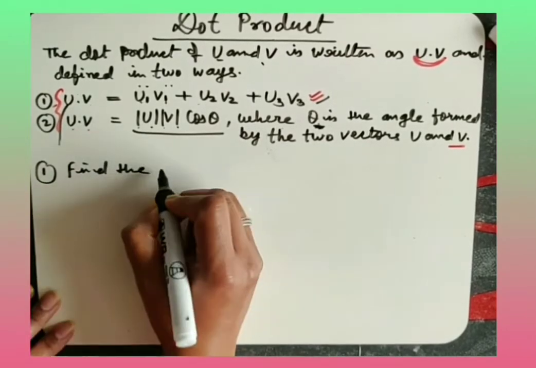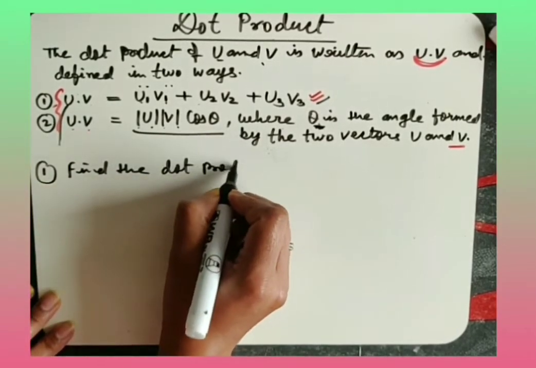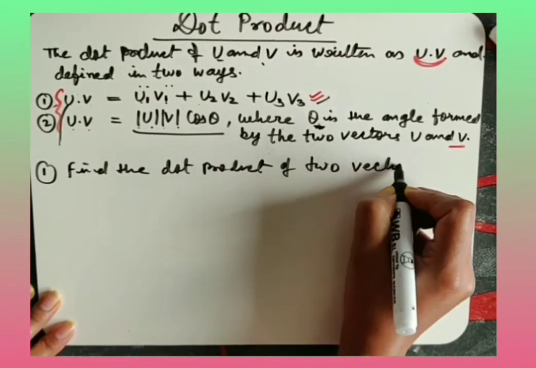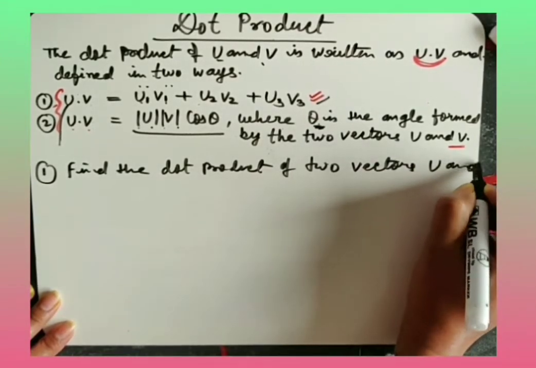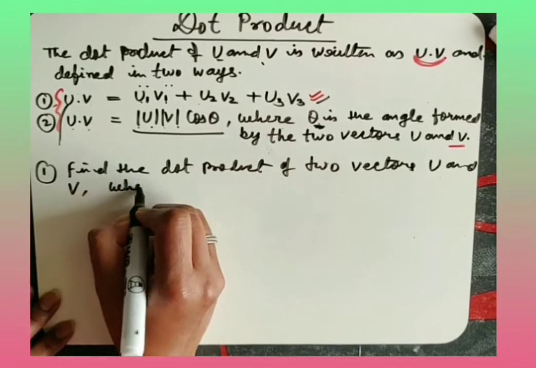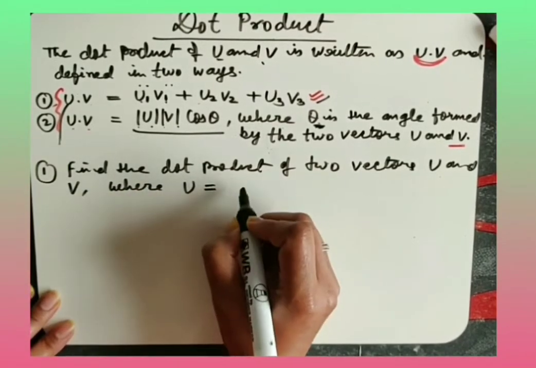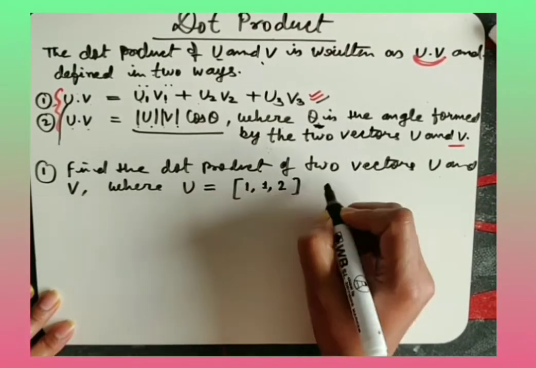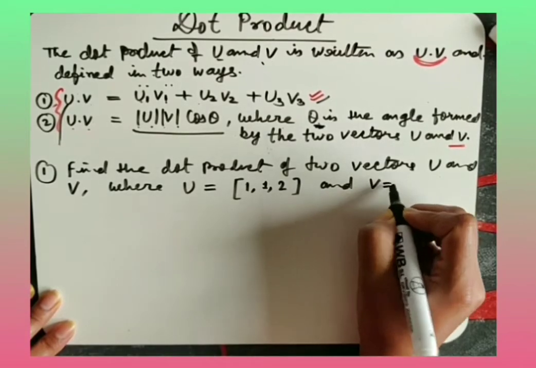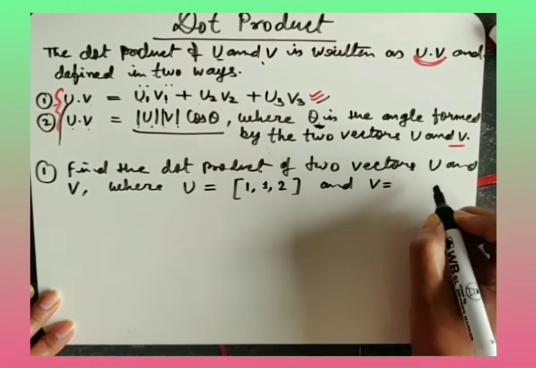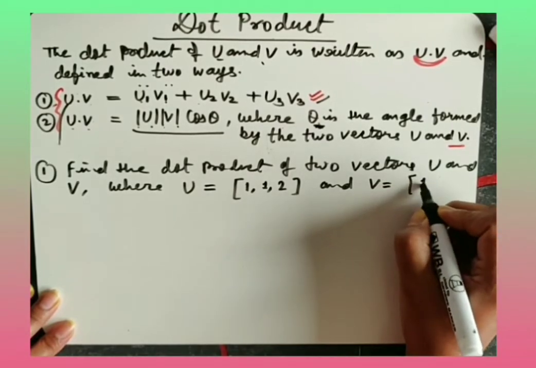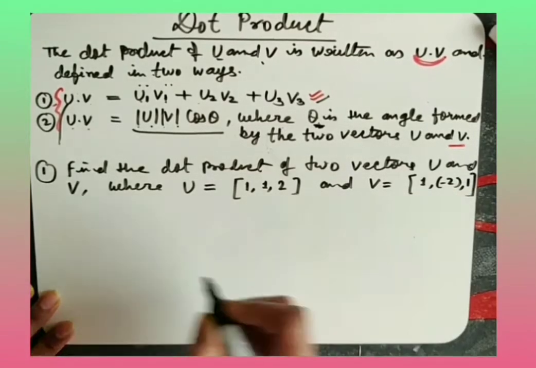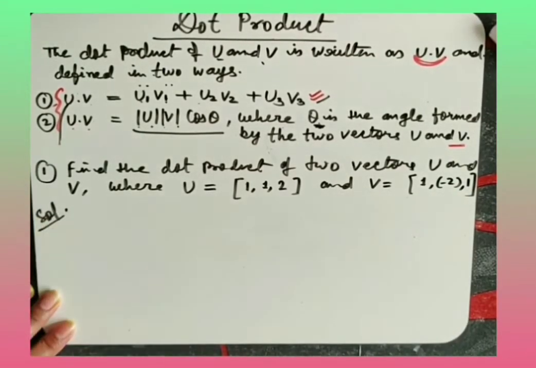Find the dot product of two vectors u and v, where u equals 1, 1, 2 and v equals 1, minus 2, 1. Now we need to find the dot product between this and this.